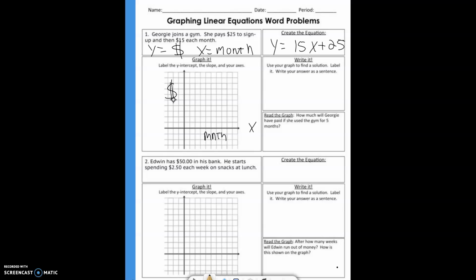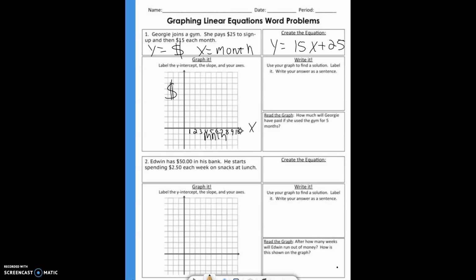So if you look at the months, we could make our increments by ones: 1, 2, 3, 4, 5, 6, 7, 8, 9, 10. As far as the cost, I'm not going to go by ones because we're starting off with 25 bucks.